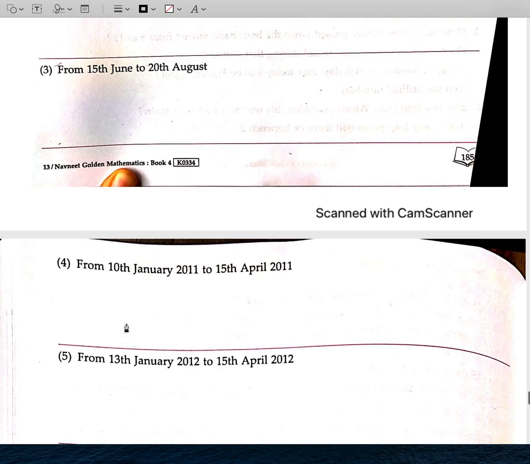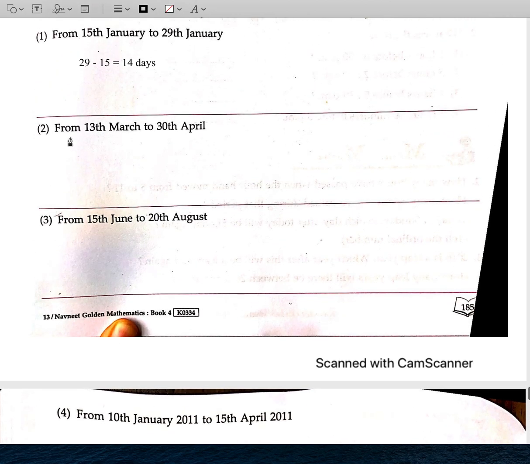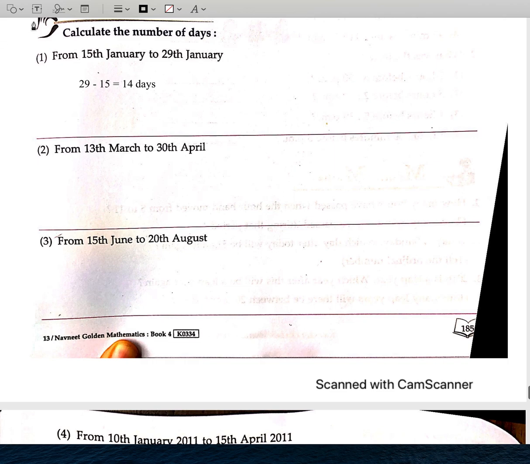Now we'll do where 2 months are coming. So 12th March to 15th April. First let us do March to April, which will be much easier. So first we will do 31 minus 12. Now 11 minus 2 is equal to 9 and 2 minus 1 is equal to 1.